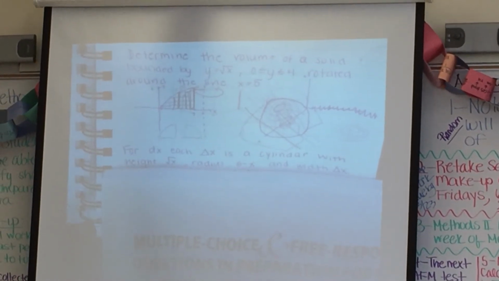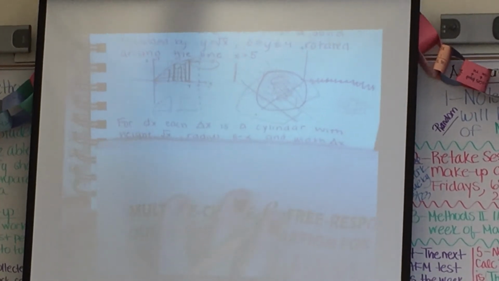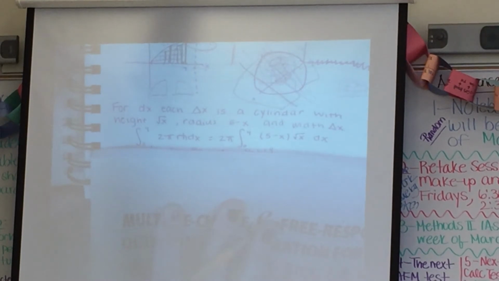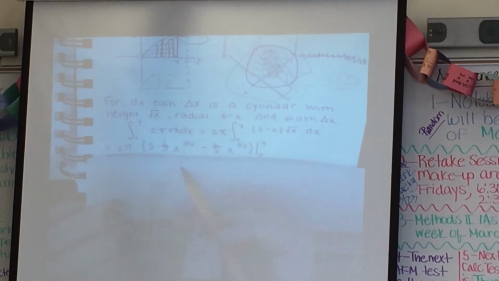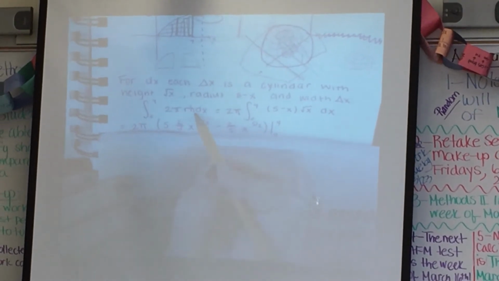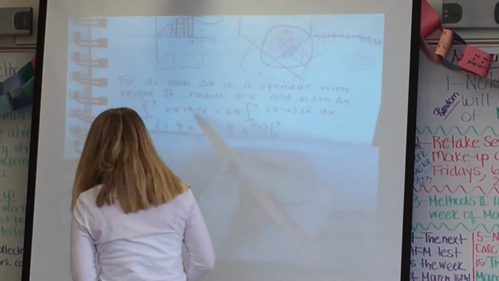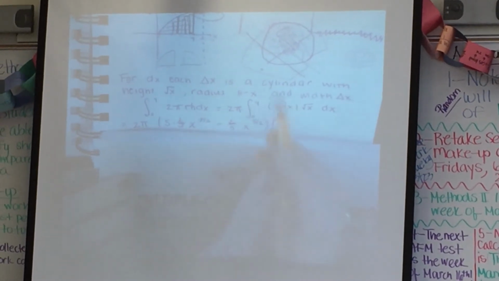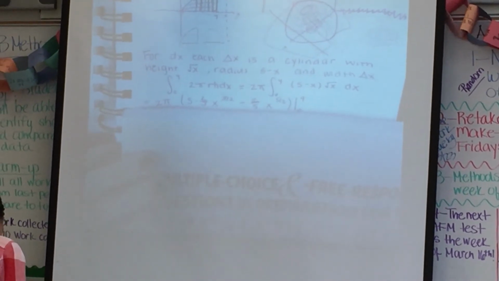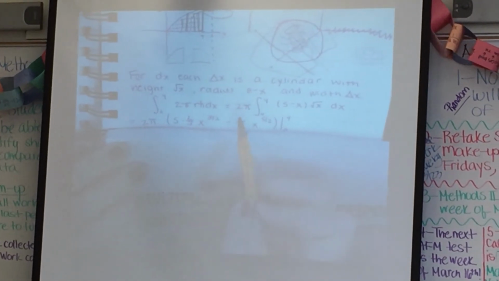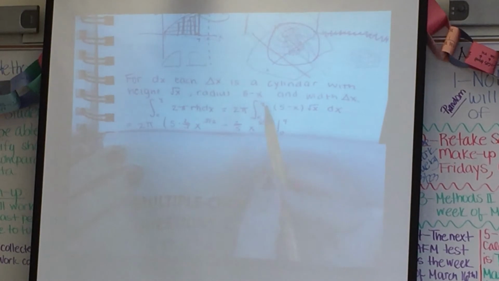Okay, good. So once you have that, it's pretty easy to just put into the formula, because the formula for a cylinder is 2 pi r h, which is actually not going to be the area of the cylinder. This is going to be the surface of the cylinder. So we have 2 pi r h, which is going to be 2 pi.